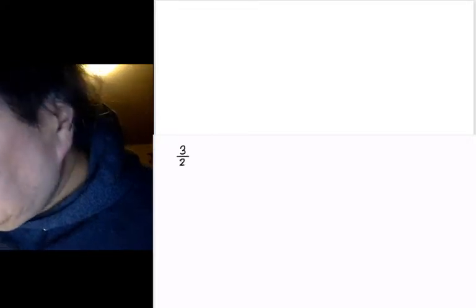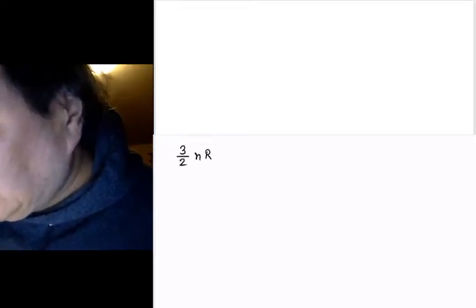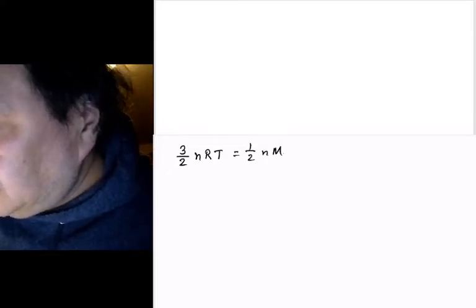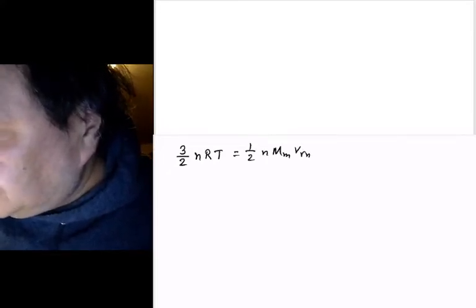So we've seen that E trans is equal to 3/2 nRT, and that's equal to 1/2 nmm VRMS squared.